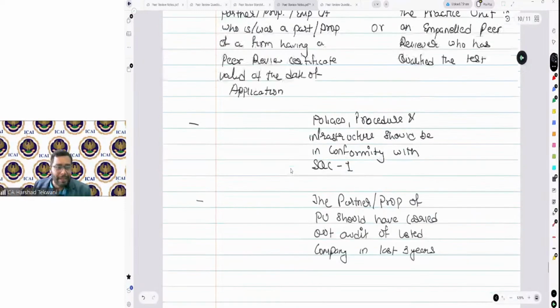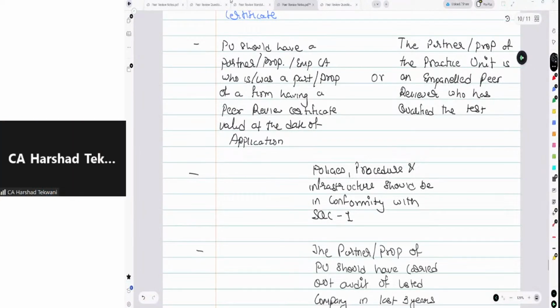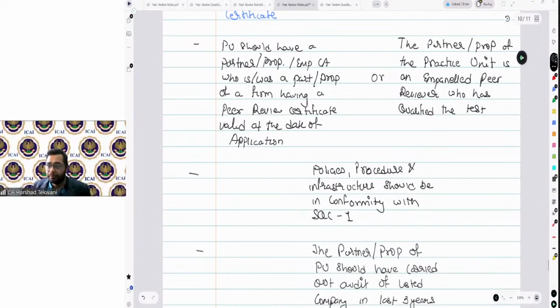And these conditions are mentioned in Form 1, that is the application cum declaration form, wherein there are specific clauses which talk about these conditions. Any doubt? Any doubt till now?